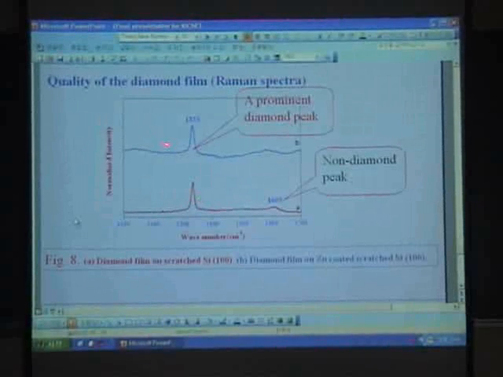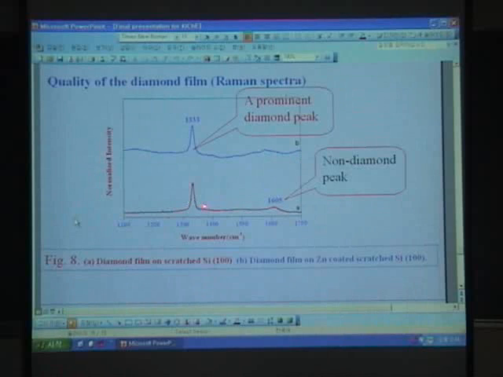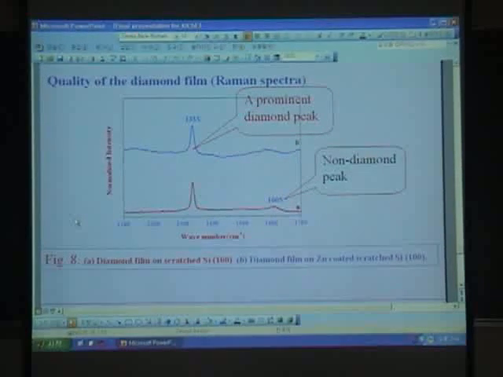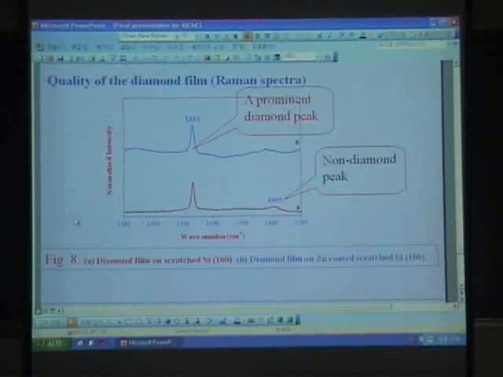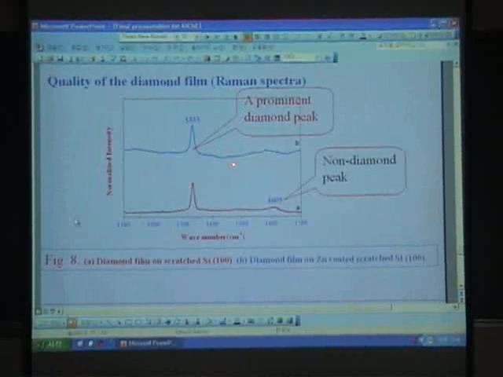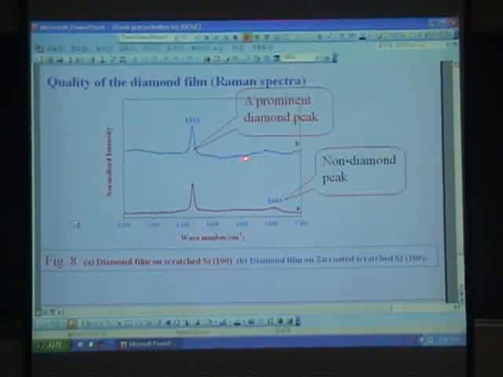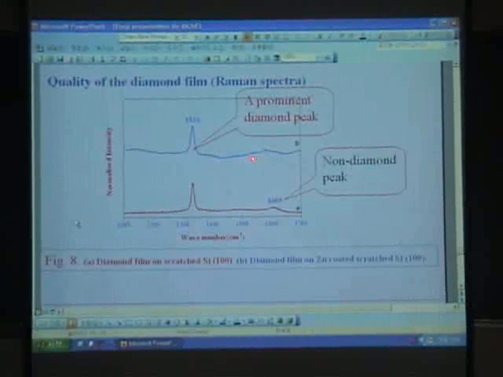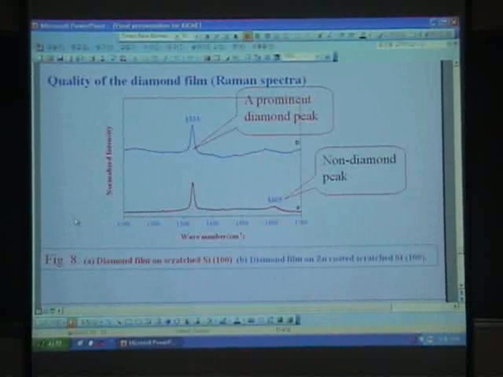But a non-diamond background is also present from 1350 to 1700. It indicates there is amorphous carbon and sp2 graphite, diamond with sp2 and sp3.